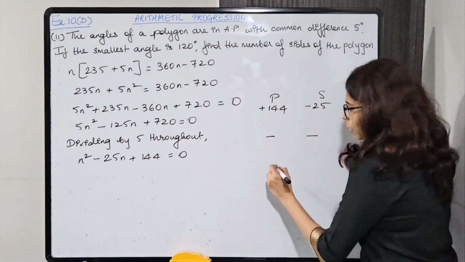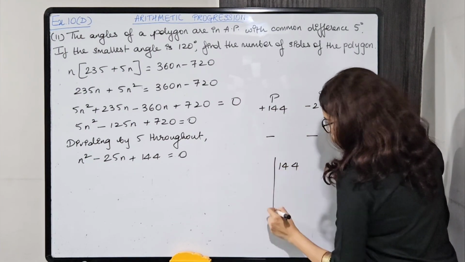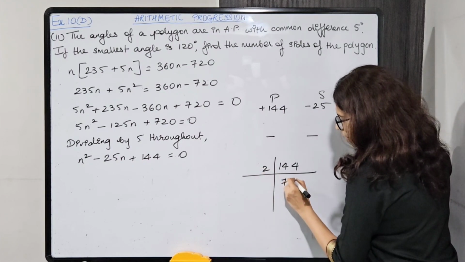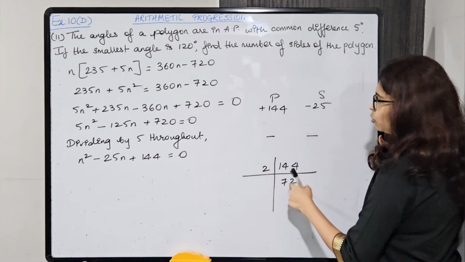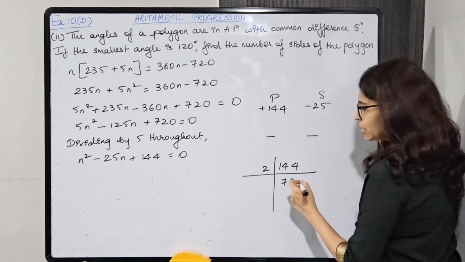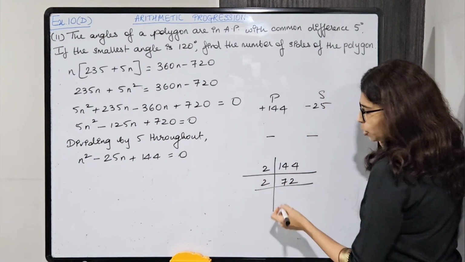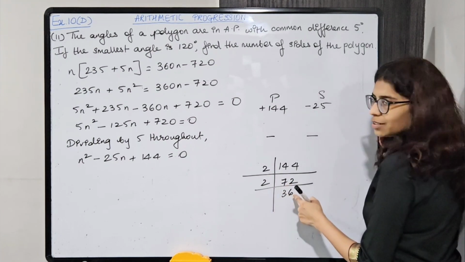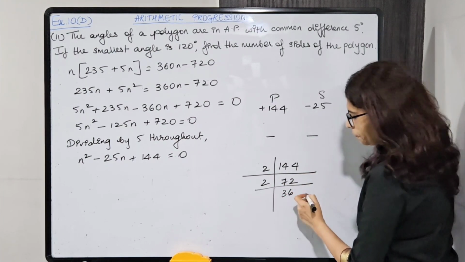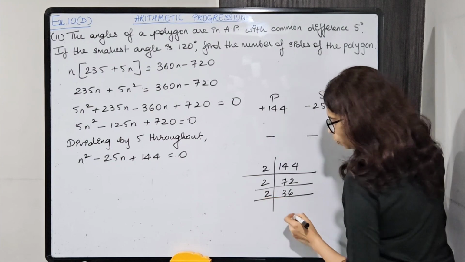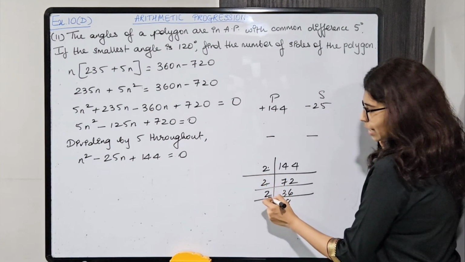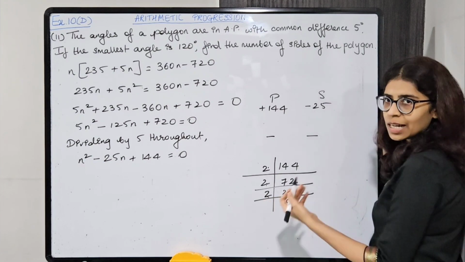So 144 को factorize करो. 2 72s, 2 and 72 add करके तो मुझे ये मिलेगा नहीं. So let us factorize further. 2 36s, so 2 2s are 4, 4 and 36 I'll still not get. Okay, 2 18s, 2 2s are 4, 4 2s are 8, 8 and 18 I'll still not get.